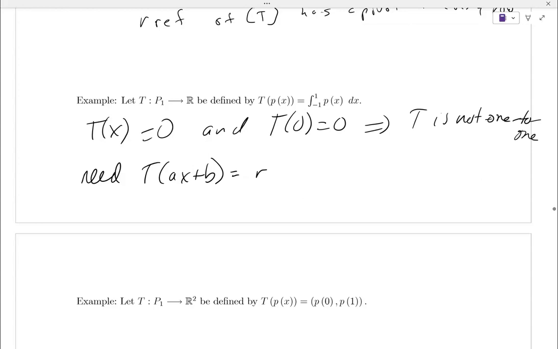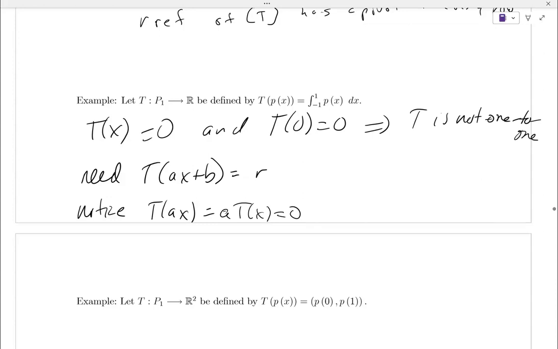Agree with that? So we're going to have to add some constant to it. But the first thing to notice is that T of ax is always equal to what? What was T of x equal to? What can I do with the a? Pull it out. So this is always 0.